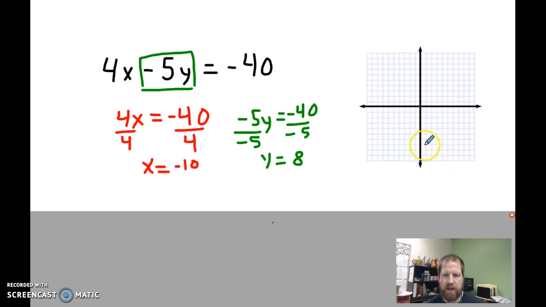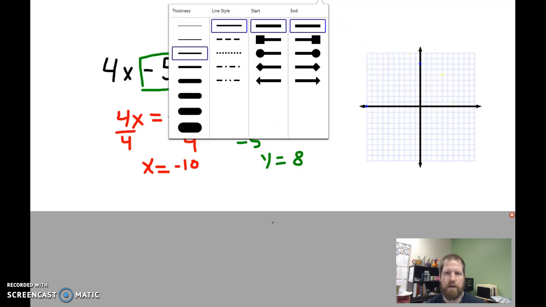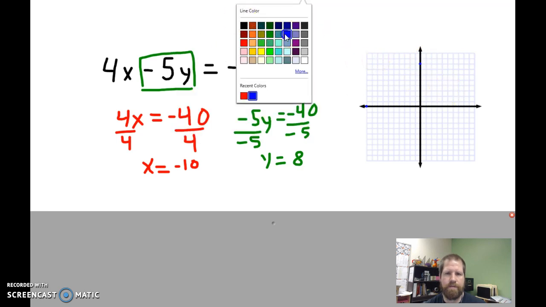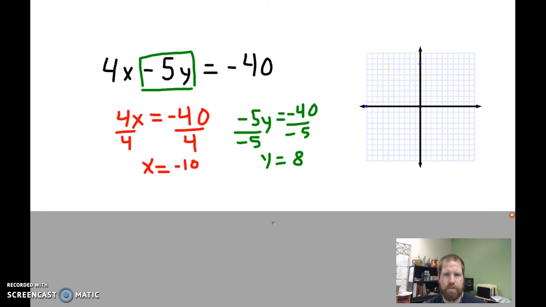Sorry, my x equals negative 10, and my y equals positive 8. All right, draw my line. And we are done. We've got our graph based on our equation using our two intercepts.